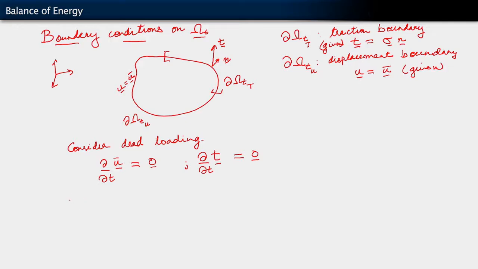So what this lets us do is the following. When we start out with the external power, it is the body force dotted with the velocity dV plus the integral over partial of omega t sub t of t dotted with the velocity dA.